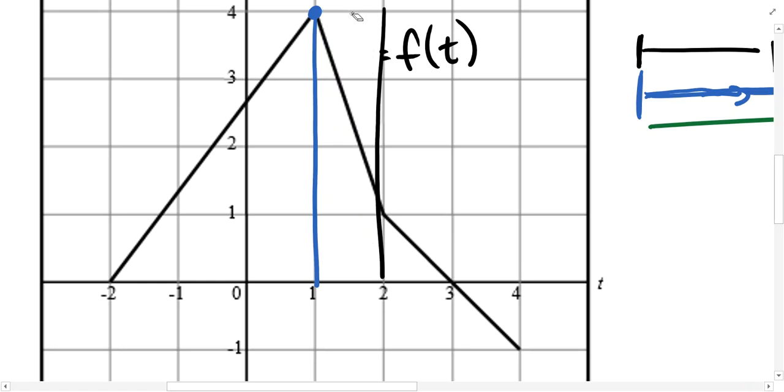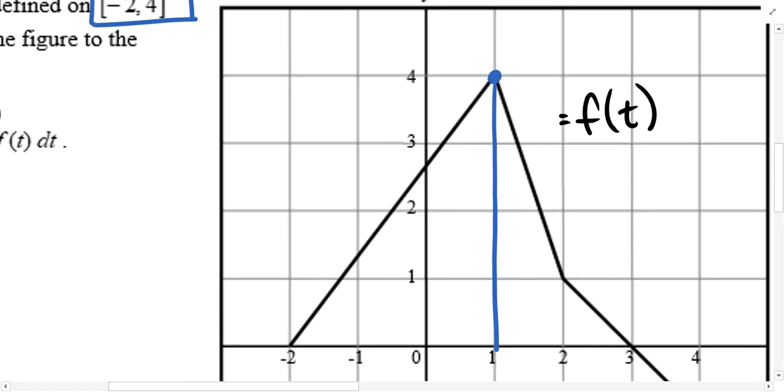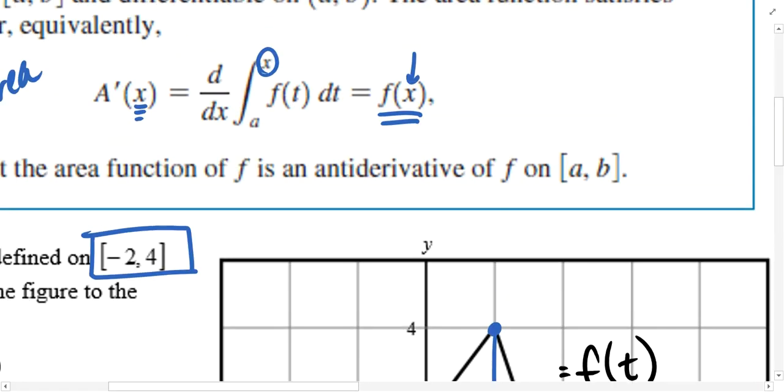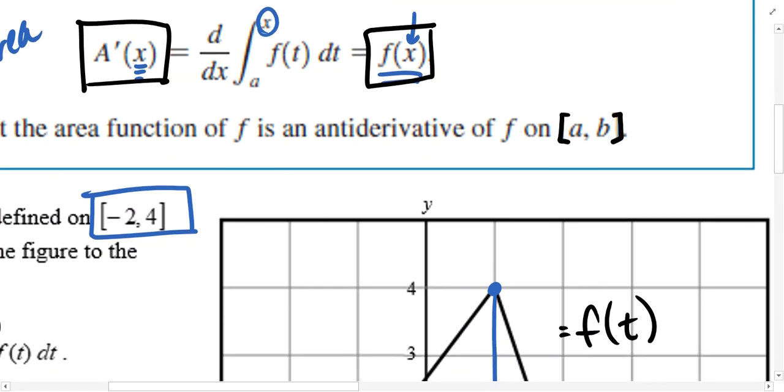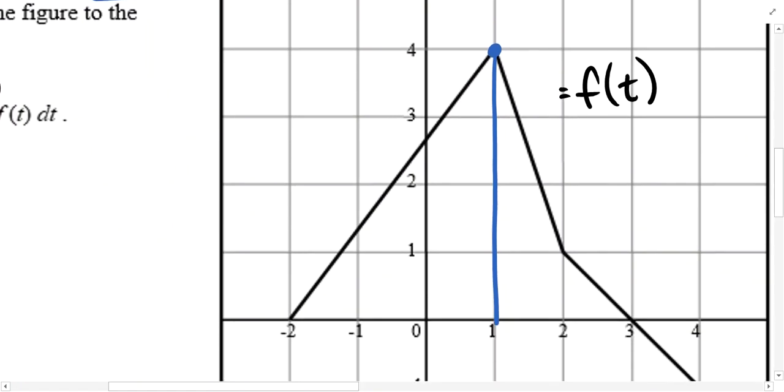And so what our antiderivative rule of accumulated change is telling us is that if I want to know the derivative at this particular point, all I need to do is evaluate the function at that particular value. And that's good at either endpoint, a to b, from our lower boundary to our upper boundary of that integral.